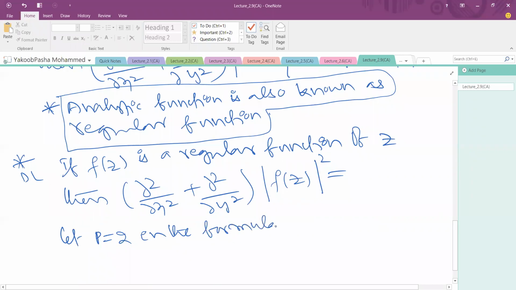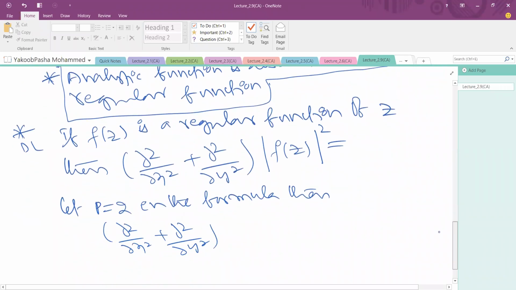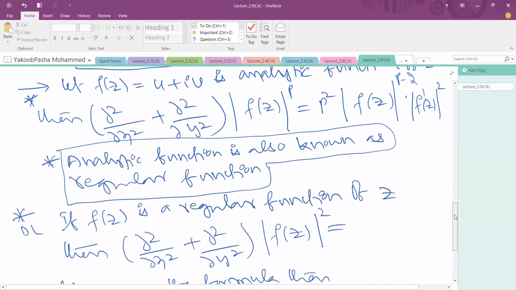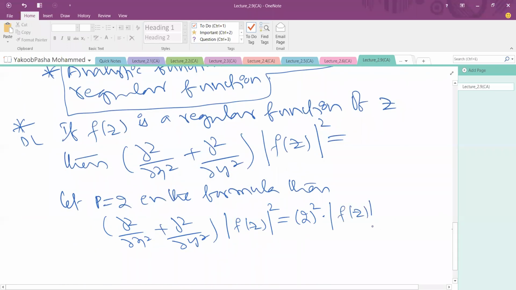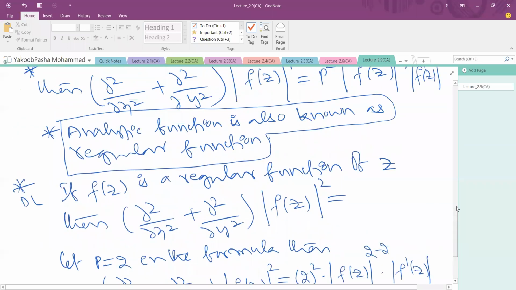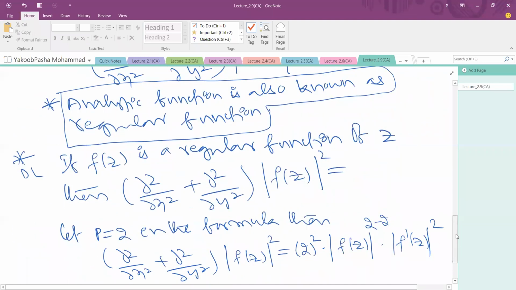Then del square by del x square plus del square by del y square, in the formula, modulus of f of z whole to the power of p, that is modulus of f of z whole to the power of 2, is equal to p square, p square means 2 square, into modulus of f of z whole to the power of 2, minus 2 into modulus of f dash of z whole to the power of 2.